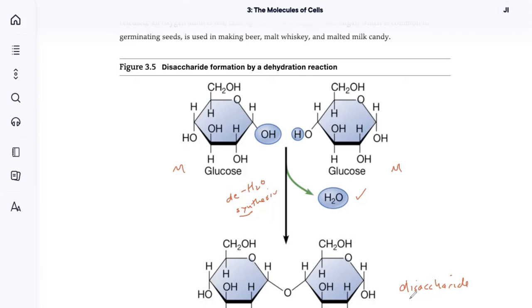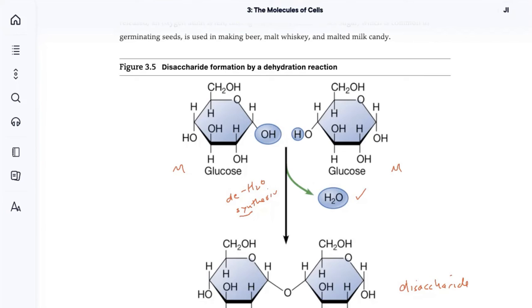If you've ever brewed beer, you know that to brew beer, what you do is you start off with some kind of starch, like barley, and then you have to apply an enzyme, or the barley has its own enzymes, so you don't need to apply a new enzyme, but activate the enzymes, and the enzymes will break the starch down into sugars. And the sugar you end up with is malt sugar. And malt sugar is simply two glucoses that are hooked up end to end, right?